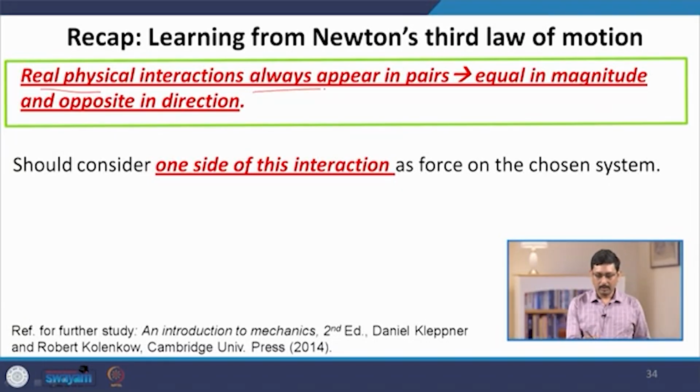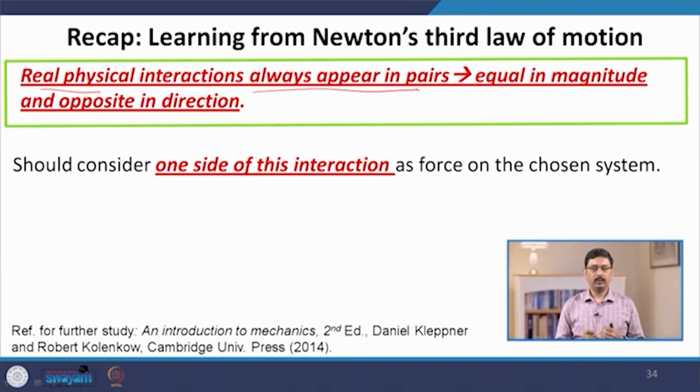The hallmark of a real physical interaction is that the forces always appear in pairs. The real force you can contrast with something called fictitious force. Some of you may have heard this term. This arises if you are measuring the forces and acceleration using a system of reference which is itself accelerating.